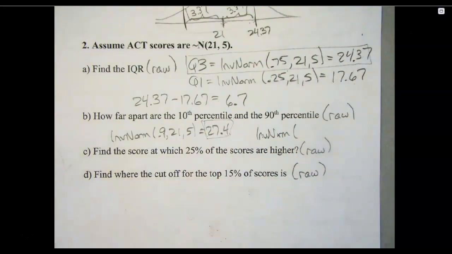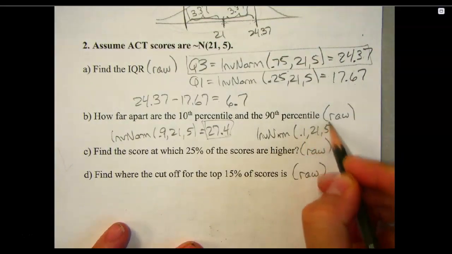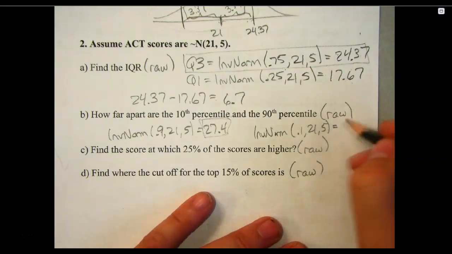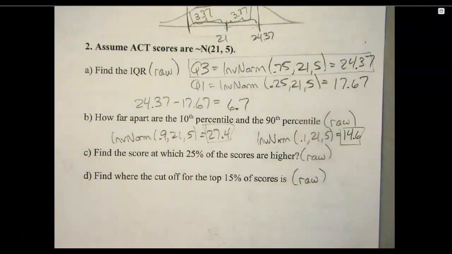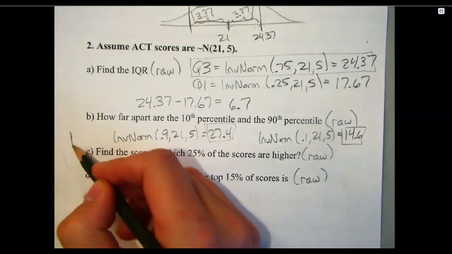So the 10th percentile is going to be 6.4 away on the other side. Add those two up, and your answer is going to be 12.8. Or work it through. Shortcuts only help if they help you. So that's 10%. If I subtract those two, you get 12.8.